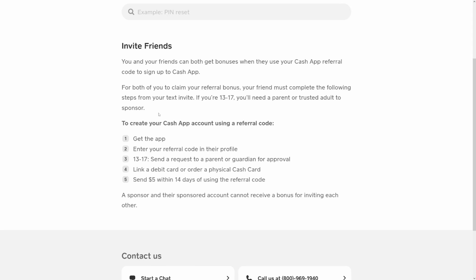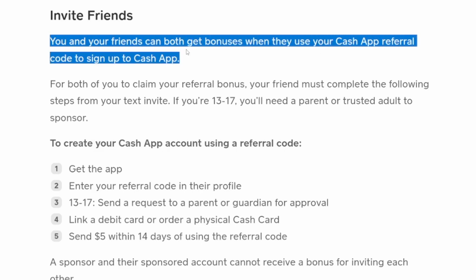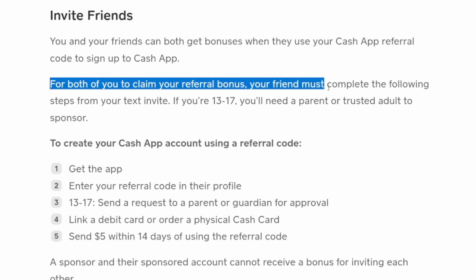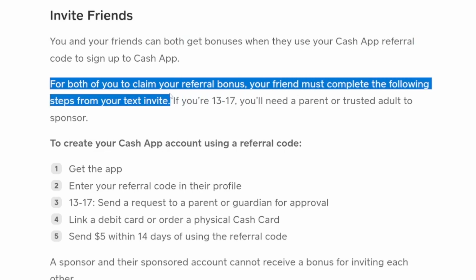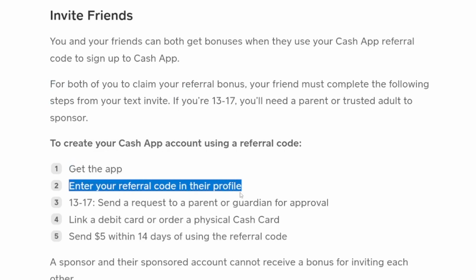And let me just get back to this feature, which is called Invite Friends. You and your friends can both get bonuses when they use your Cash App referral code to sign up to Cash App. For both of you to claim your referral bonus, your friend must complete the following steps from your text invite. So you can just get the app, enter your referral code in their profile.